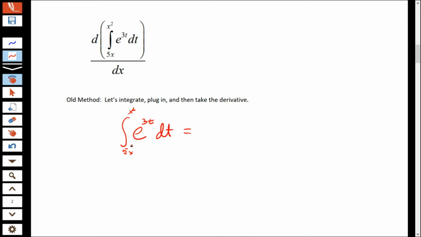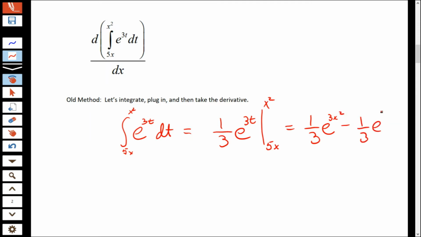But I kind of know that already, so I'm just going to say this is 1/3 e to the 3t. You can go ahead and check that out, and it's got to be evaluated from 5x to x squared. Okay, and so if we do evaluate it, we get 1/3 e to the 3x squared minus 1/3 e to the 15x.